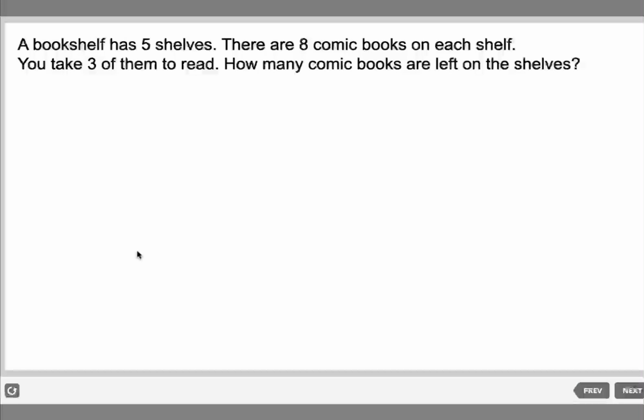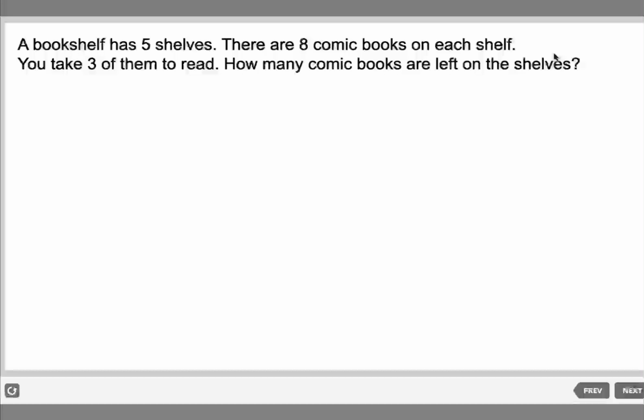I'll read it first. A bookshelf has 5 shelves. There are 8 comic books on each shelf. You take 3 of them to read. How many comic books are left on the shelves?